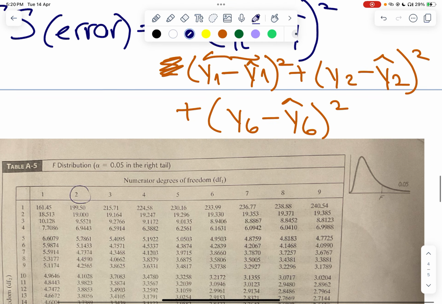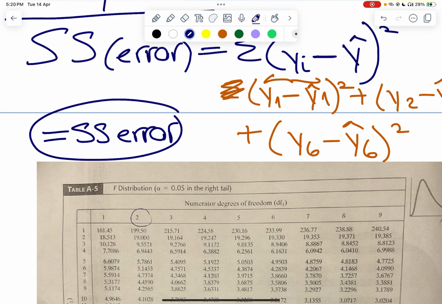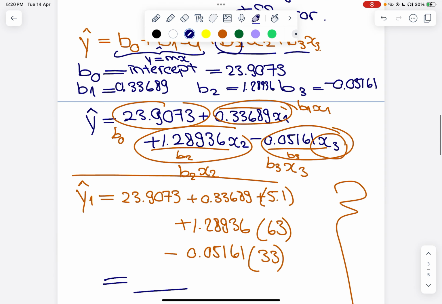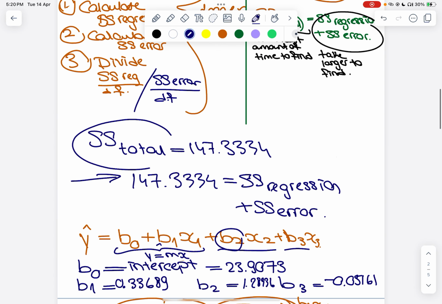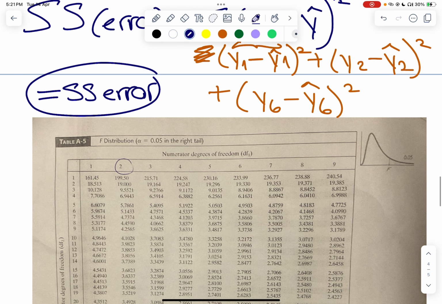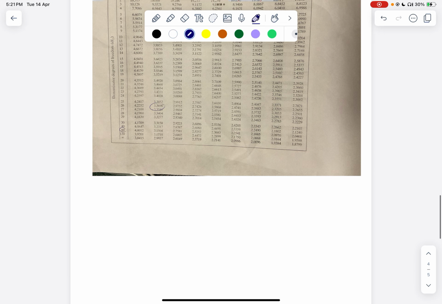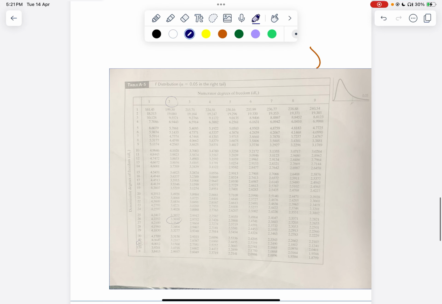So that's just how you do it. And at the end, you should get SS error. So you have SS error at this point. You would have SS total. Now you just need SS regression. And once you get SS regression, you divide SS regression by its degrees of freedom, and you divide SS error by its degrees of freedom. And once you do that, then you just look at this table to find your F statistic.